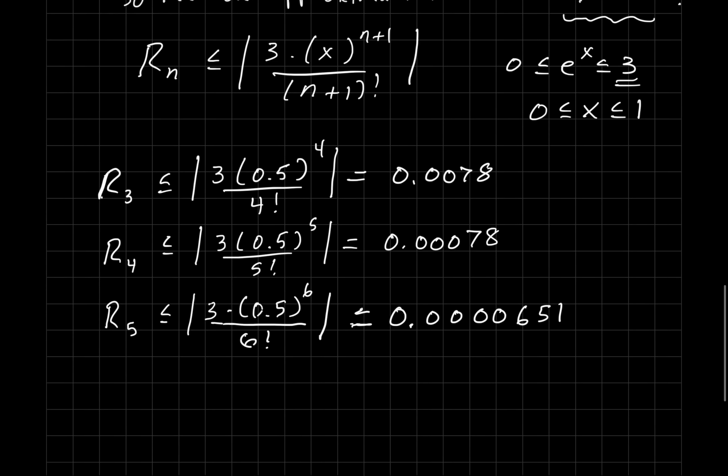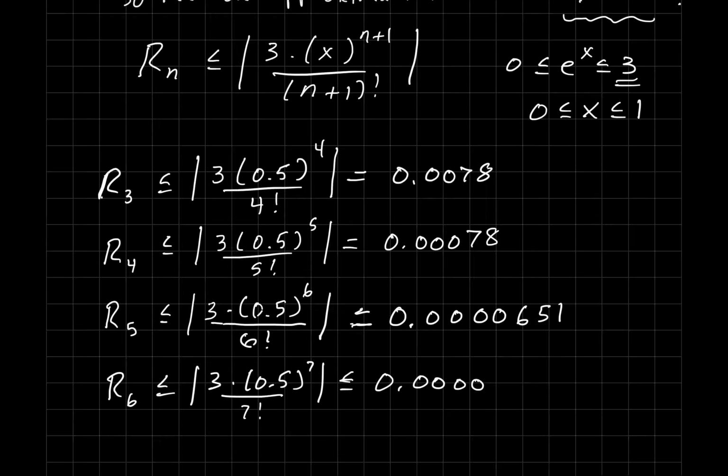Without doing any extra work, I know, well, I guess I'll show it to you, that if I do my next one over 7 factorial, I will get a value that is less than 0.00001.